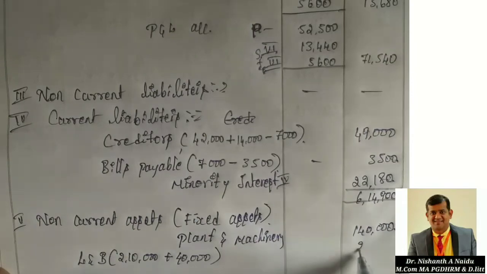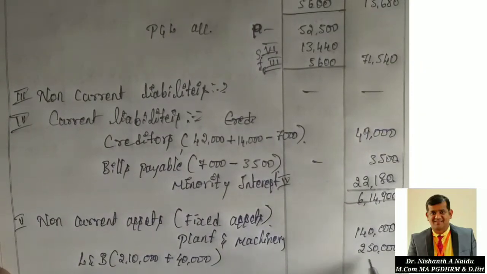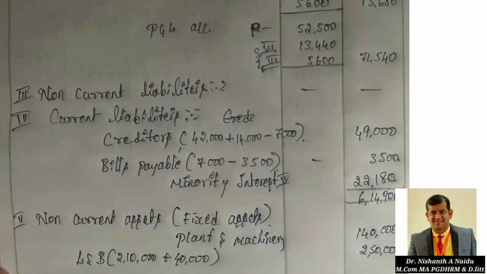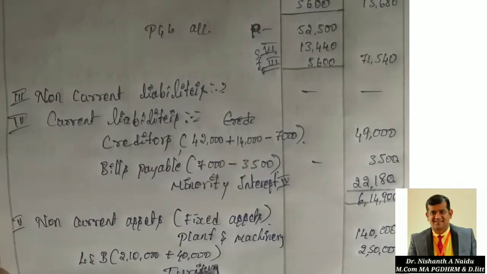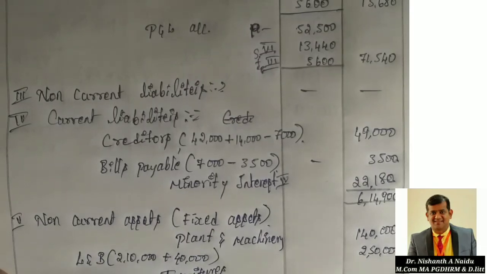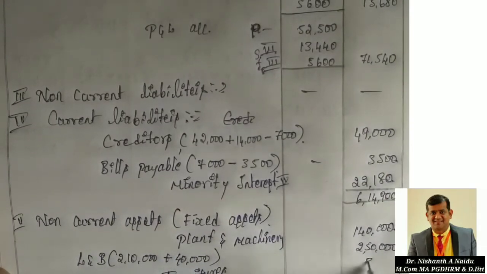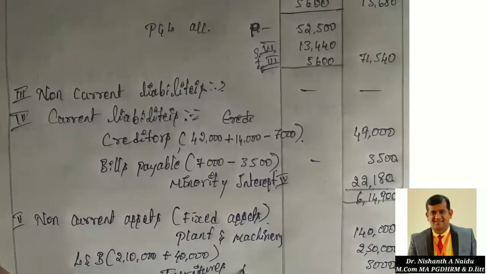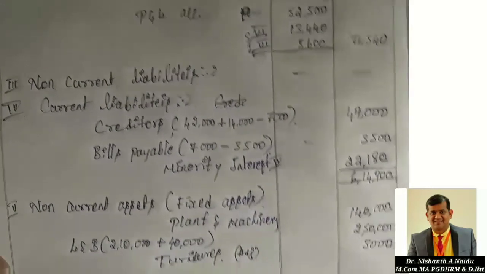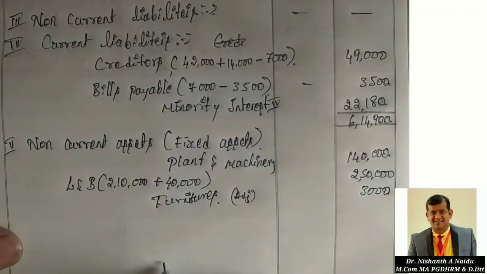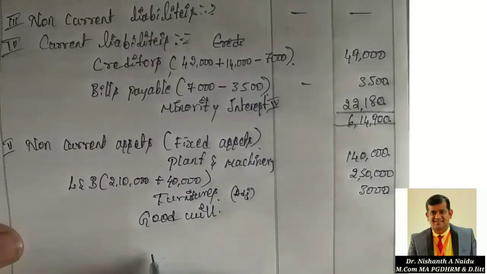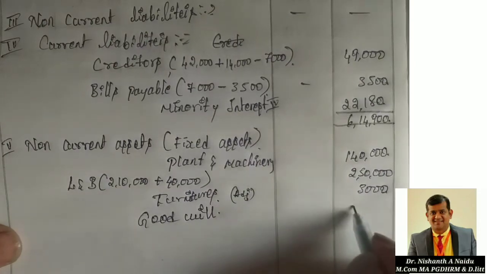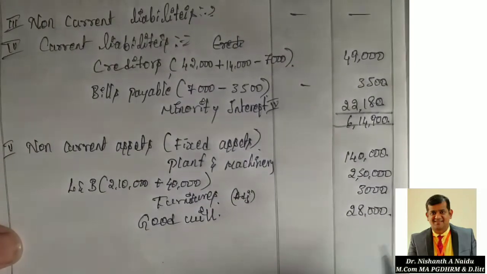So 2,50,000. Next is furniture. Since there is no furniture in P Company Limited balance sheet but Q Company Limited has it, you have to take the adjusted value, that is 3,000 rupees, since we consider that as the closing value. Then goodwill, which we have also identified in the working note. Goodwill value is 28,000. Take 28,000 directly.